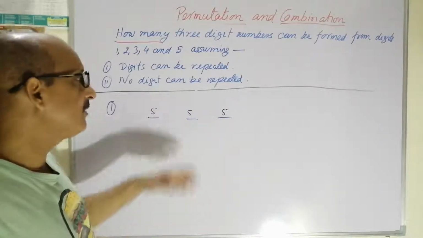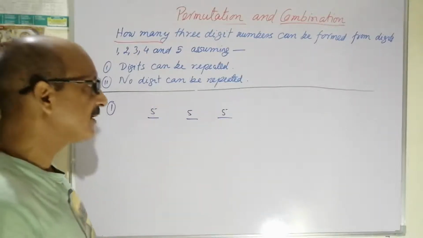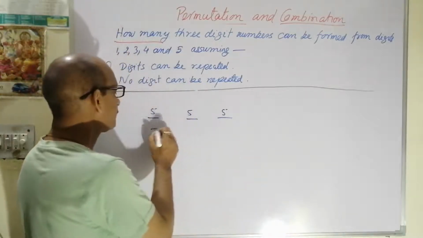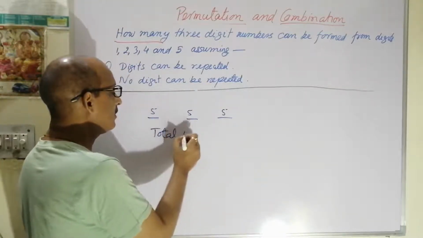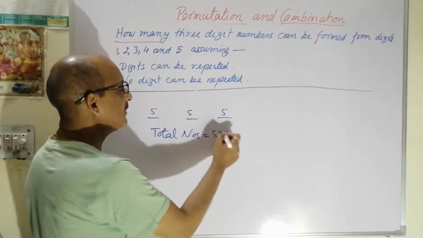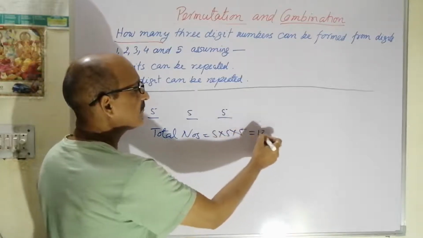And the word and is coming, so we can apply here the multiplication principle. So total numbers are 5 into 5 into 5, 125.